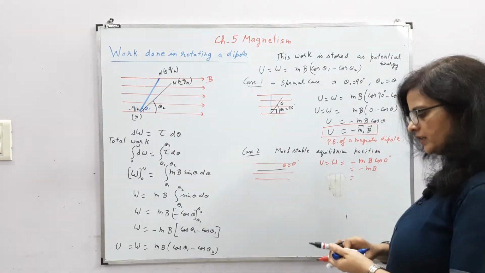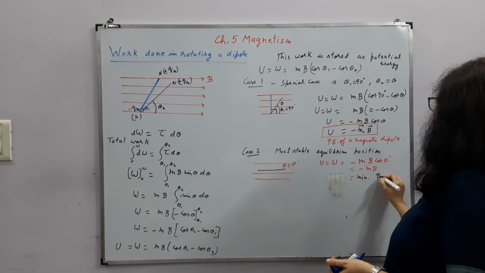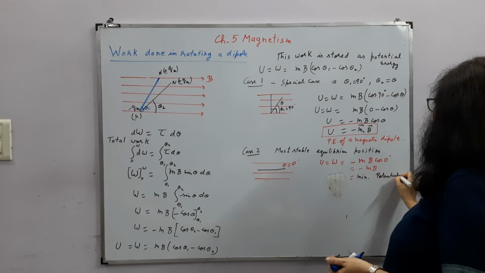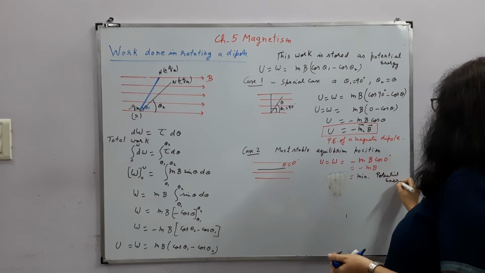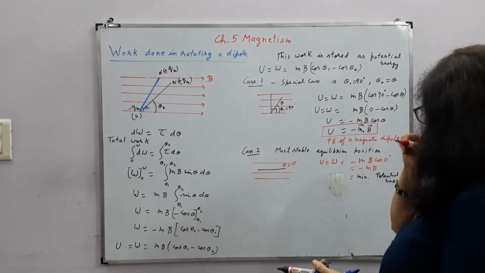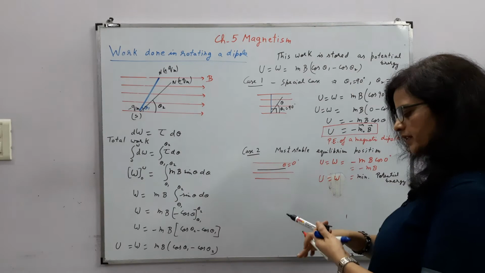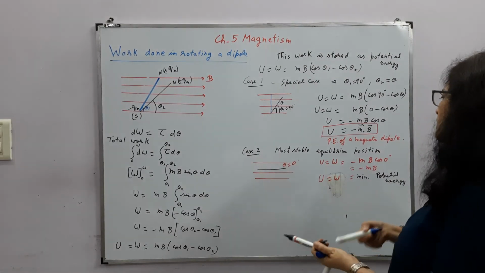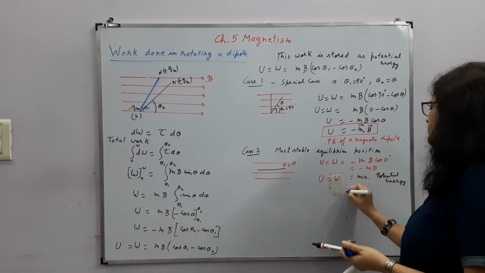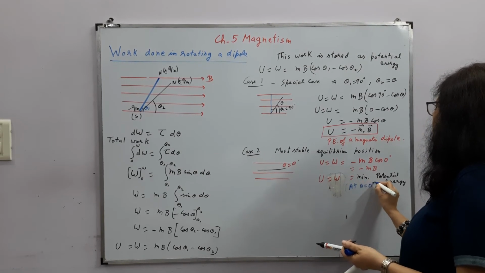What does it mean? This means minimum potential energy. So minimum potential energy is at theta equal to 0 degrees, and this is considered the most stable equilibrium position.